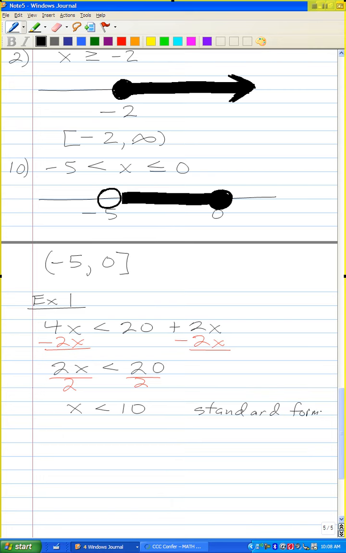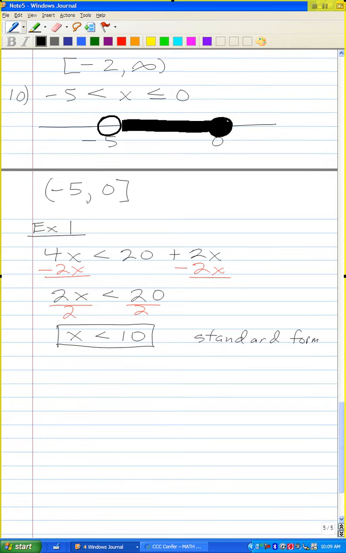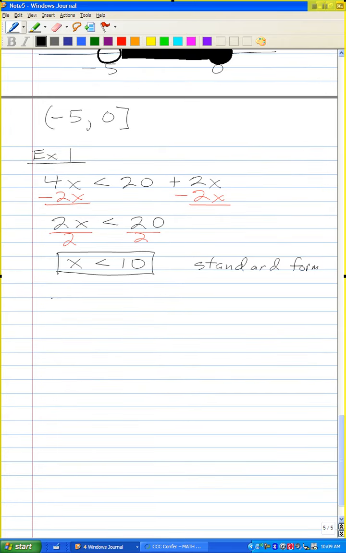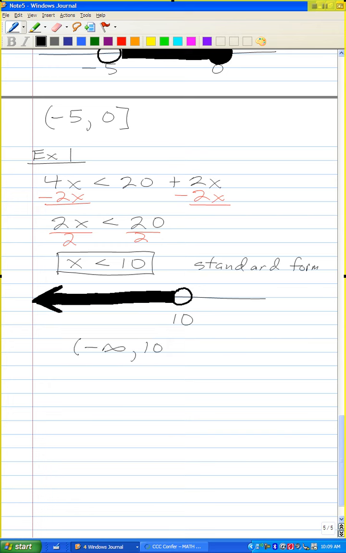I've written it so that I can easily draw the graph of the solution from this. It's just the value of all my x's less than 10. It is the open interval from negative infinity to 10.